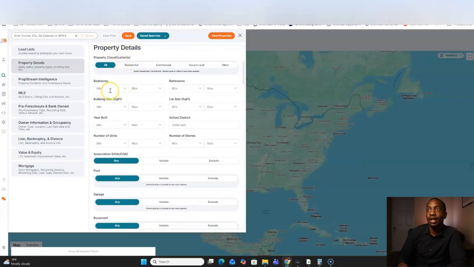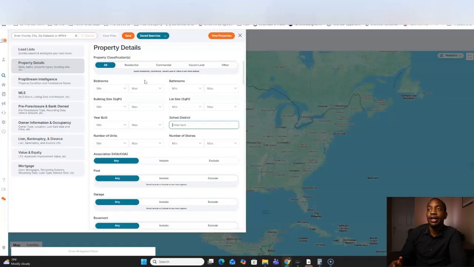You can narrow it down by bedrooms, bathrooms, residential, commercial, vacant land, other, year built, even school district, lot size. And I think this is helpful for people who may be in a high cost living area or even low cost. Maybe you're thinking as a beginner, I'm just starting this out.